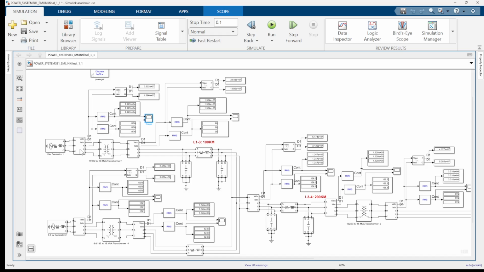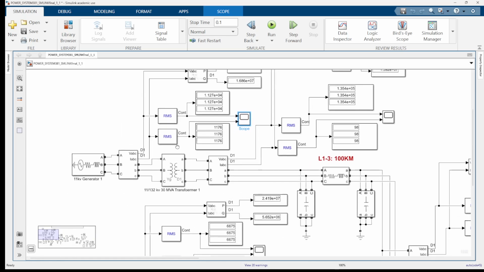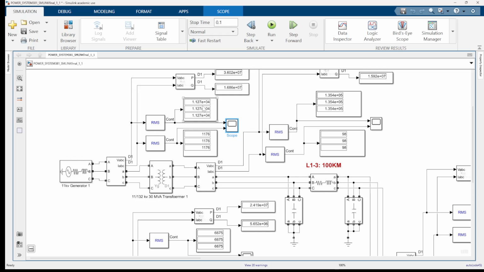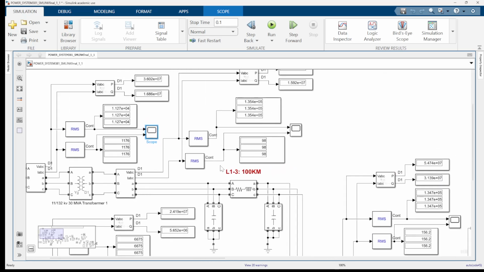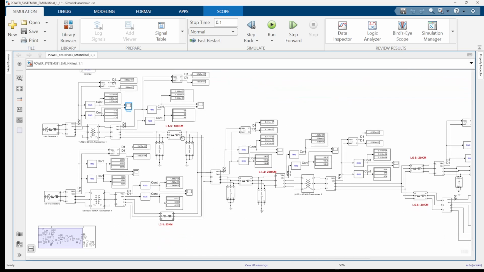Generator 1 should generate more than 11 kV, about 11.3 kV. It is generating 11.27 kV, and the voltage from the generator is stepped up by transformer 1 to 132 kV. Transformer 1 has stepped up to 135.4 kV. Then it is transmitted over the 100-kilometer transmission line.